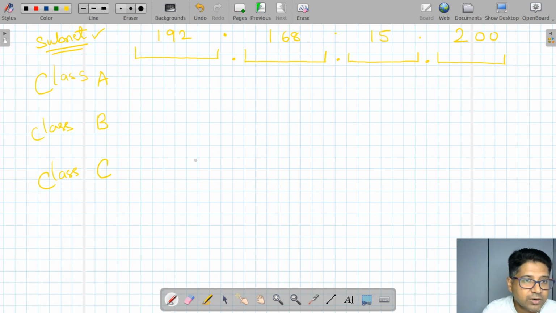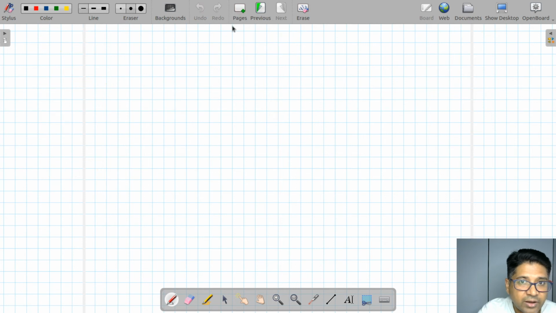Every IP, every class has two parts: network part and host part. I'm going to come back to this IP. First understand what the network part is and what the host part is.